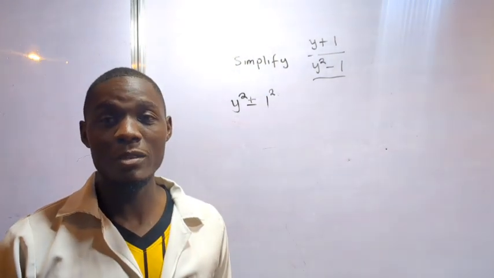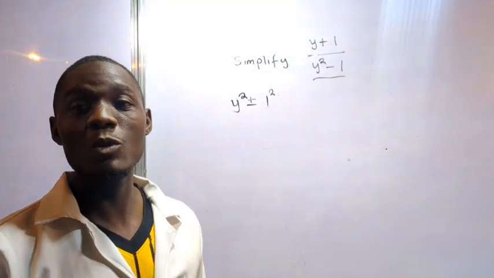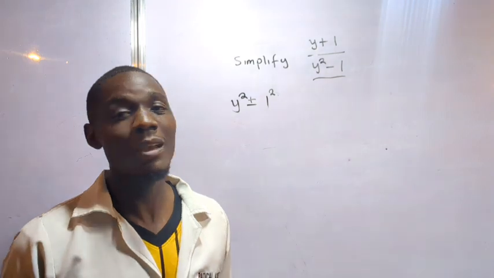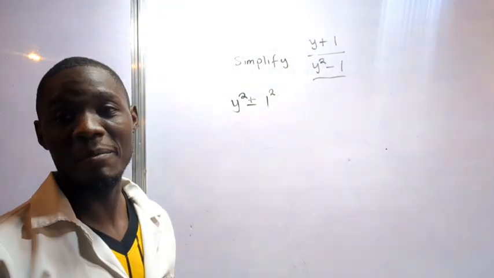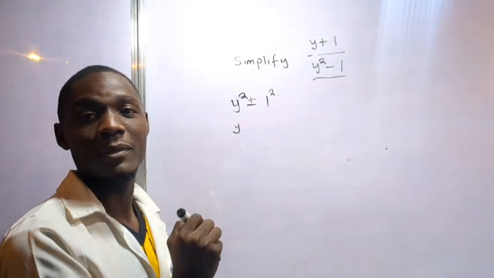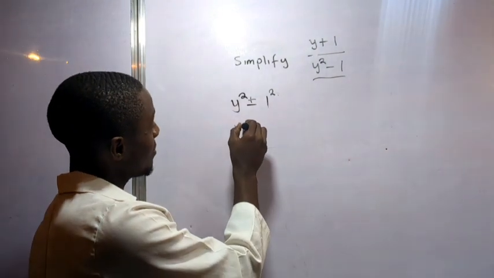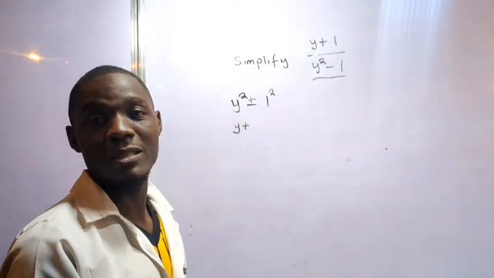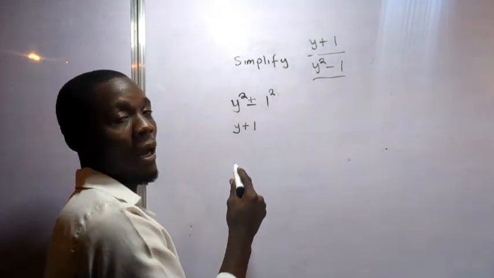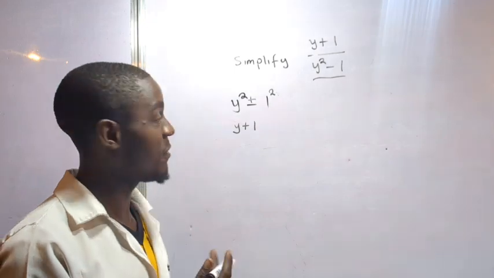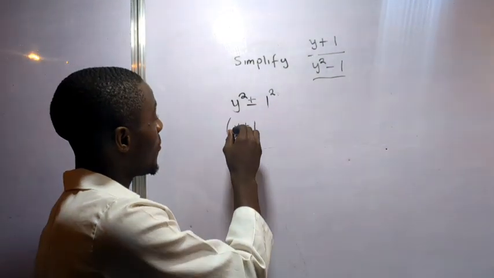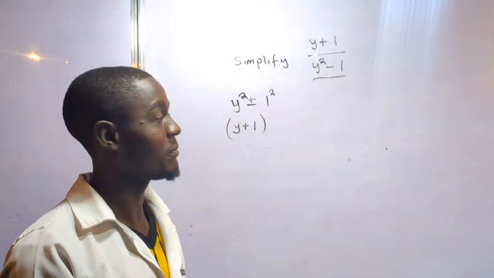After writing all this, you separate all these terms, picking one each at a time. So here we are going to pick y. You also pick one sign, and on this factor or term you pick 1. After picking the first part of the expression, you group using the brackets.